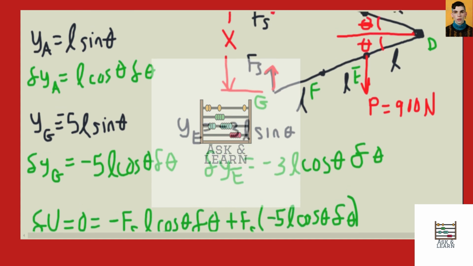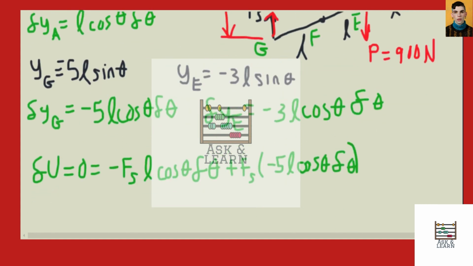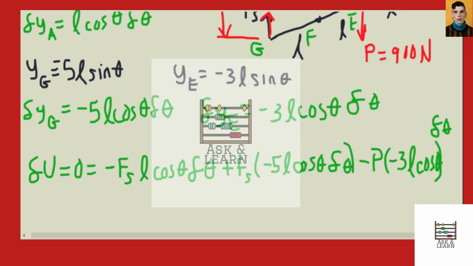And then E is downward. So minus P times negative 3L cosine theta delta theta. All right.